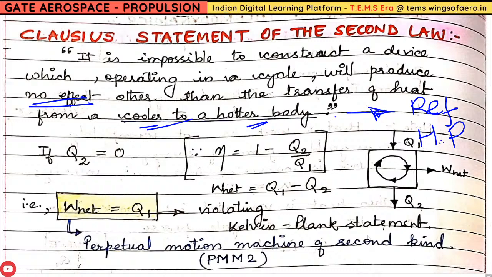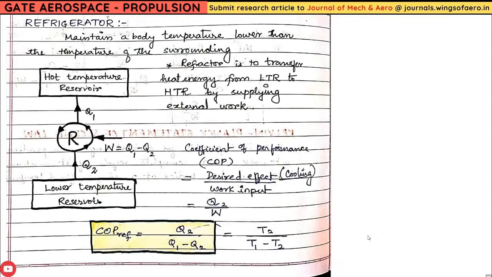Now I will move to the next slide, the refrigerator. Here we have the hot temperature reservoir, and at the bottom we have the low temperature reservoir. This is the refrigerator cycle, and the refrigerator cycle is our system. The heat is flowing from low to high.